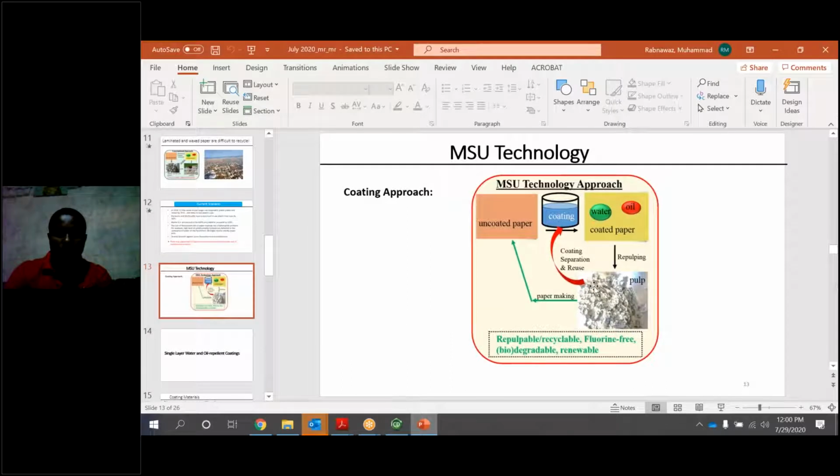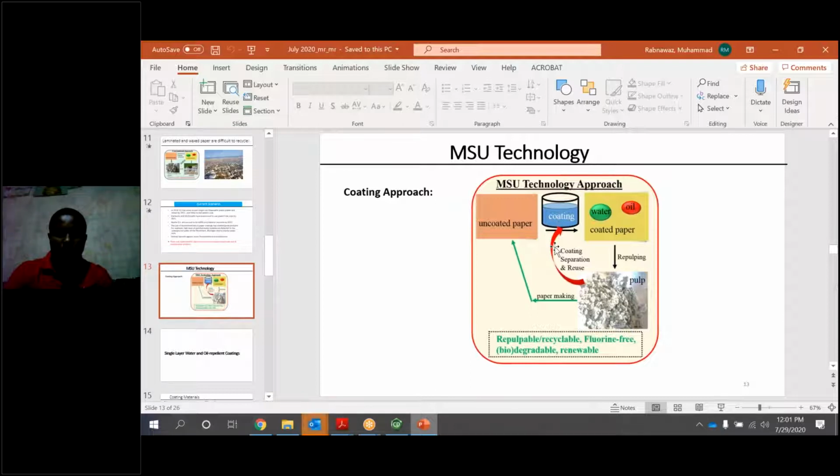The idea was, if you have uncoated paper and you coat it in a solution, a unique formulation, and let it dry, this coating becomes water and oil repellent. But the most amazing part is that when you do the repulping to recycle the pulp again to make paper, you can remove the coating. So the coating, which is typically the bad thing, should not end up in the ocean, should not end up in the environment, right?